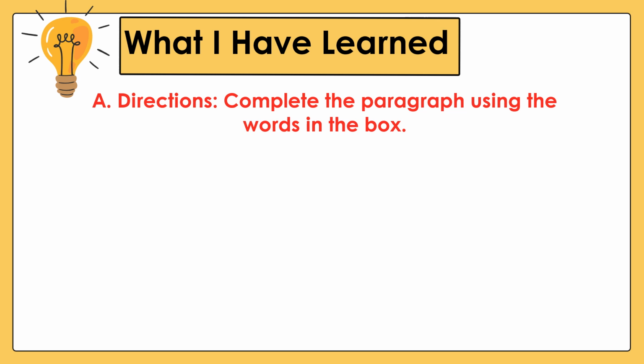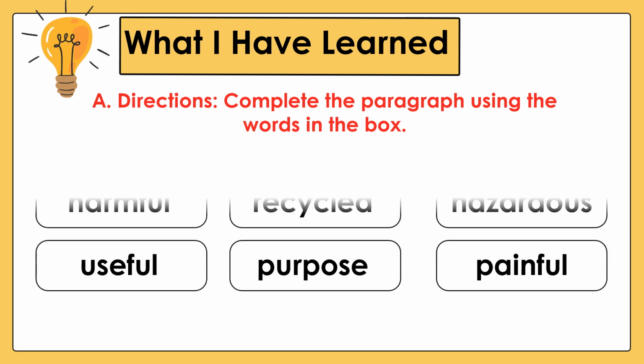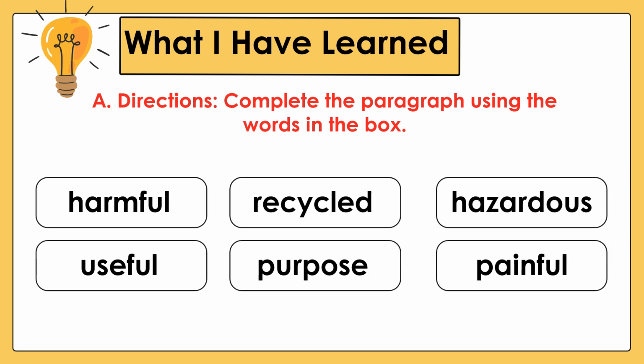So this time, let's see what you have learned. Directions, you have to complete the paragraph using the words in the box. Here are the choices: harmful, recycled, hazardous, useful, purpose, painful.